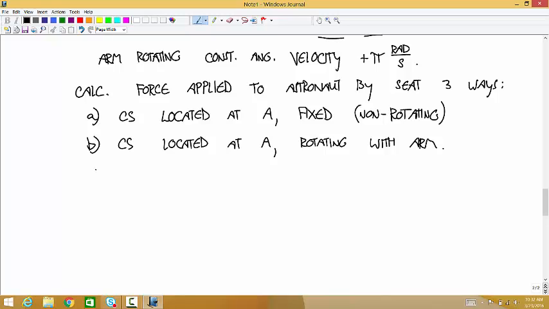And then the third one is a coordinate system located at B, rotating with the arm. So what does that one see? That one just sees somewhere inside his chest the whole time.